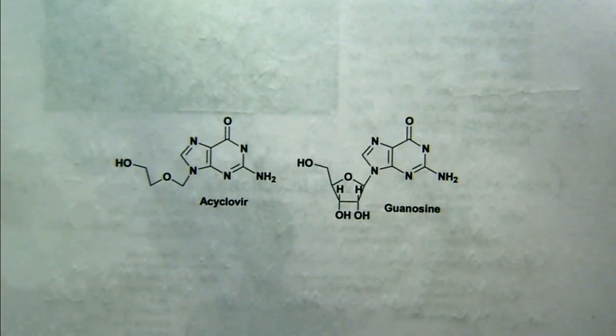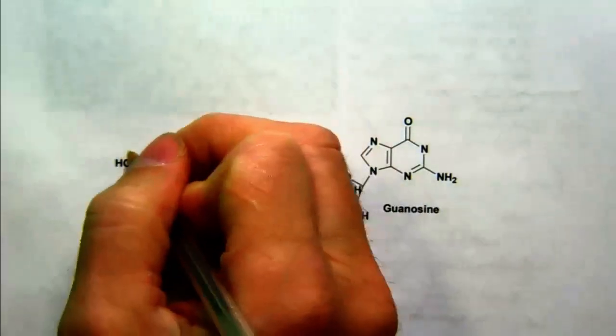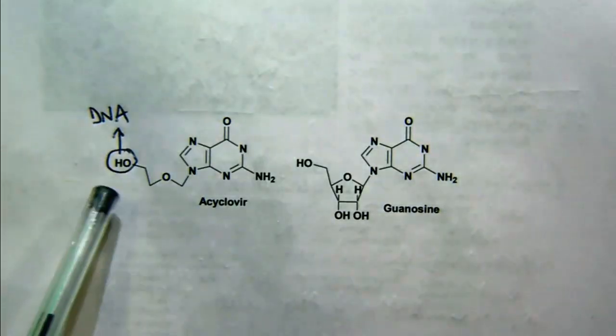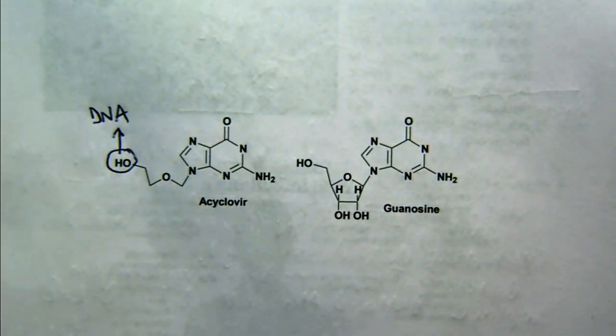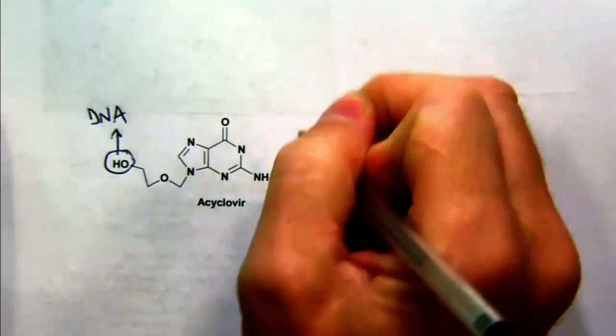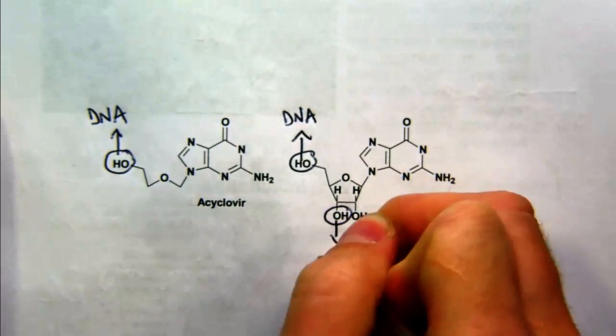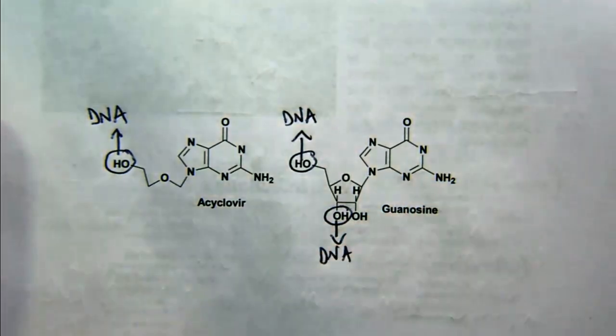So you can see Acyclovir is very similar to guanosine. This is the RNA version with both OHs on the bottom. And if you were building this into a nucleic acid, if you were building DNA, you build a phosphate linkage through this OH group here. And you build a phosphate linkage through this OH group here.